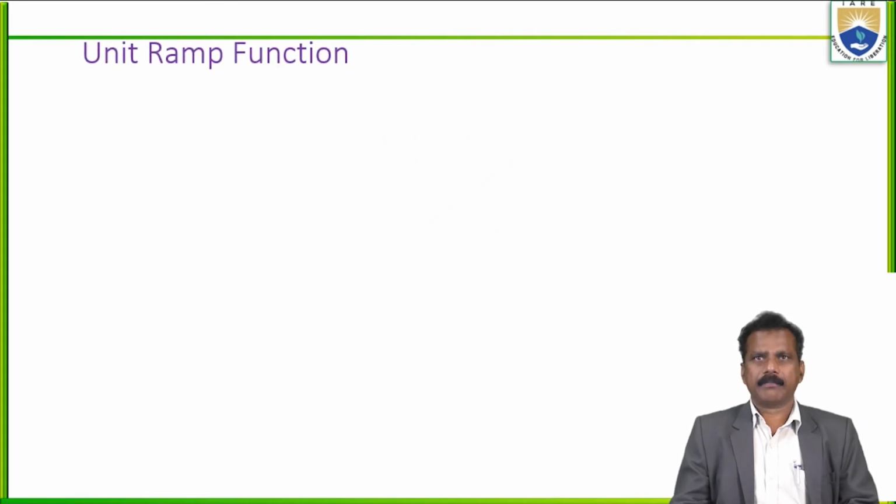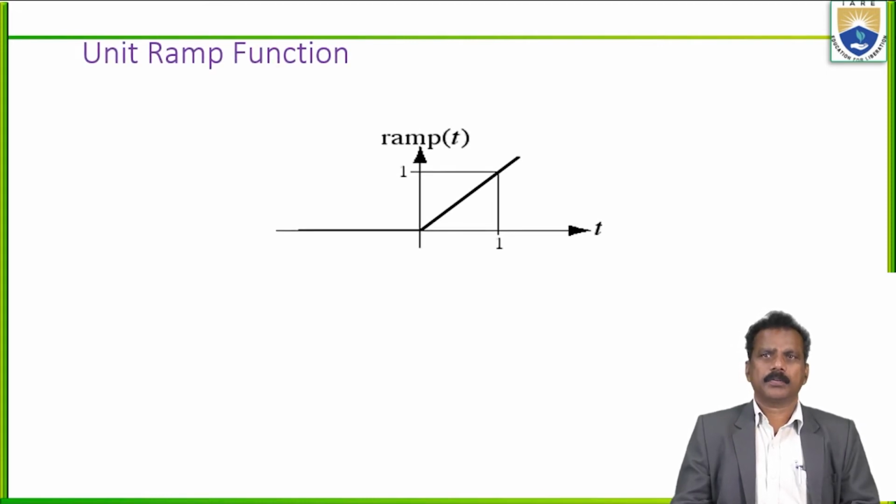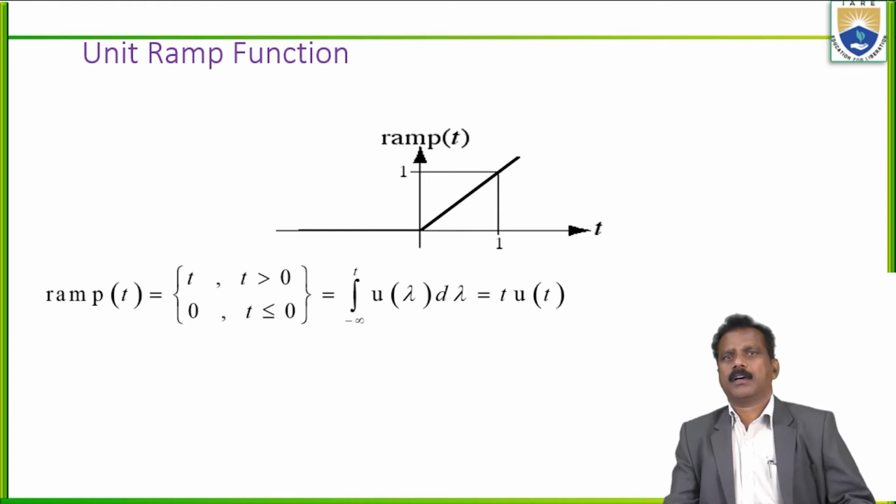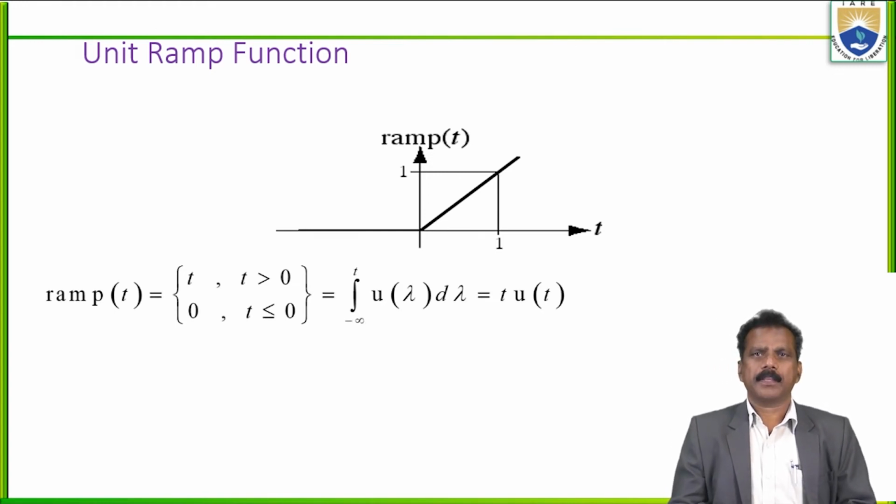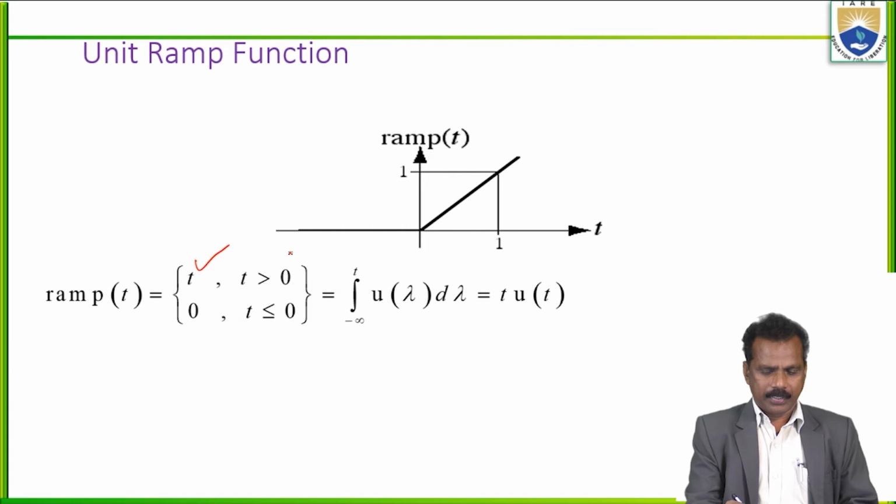Next, come to the unit ramp function. This is the unit ramp function. It is specified by ramp of t, where ramp of t is equal to t for t greater than 0, and 0 for t less than 0. Here it is the integral from minus infinity to t of u of lambda d lambda, which is equal to t into u of t.